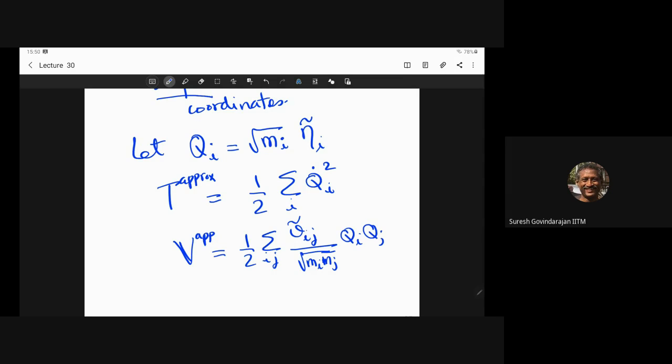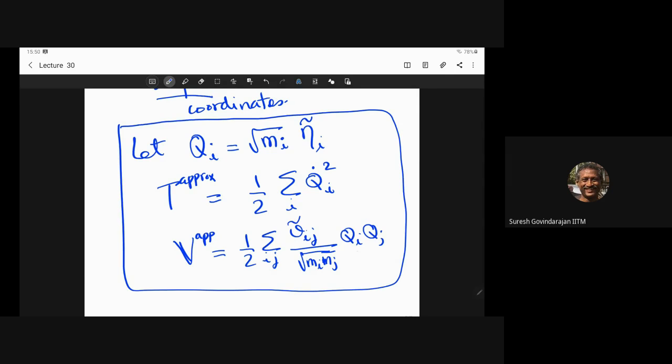Okay, is this clear? This is what we get in these new capital Q coordinates. Any questions? I'll pause here.